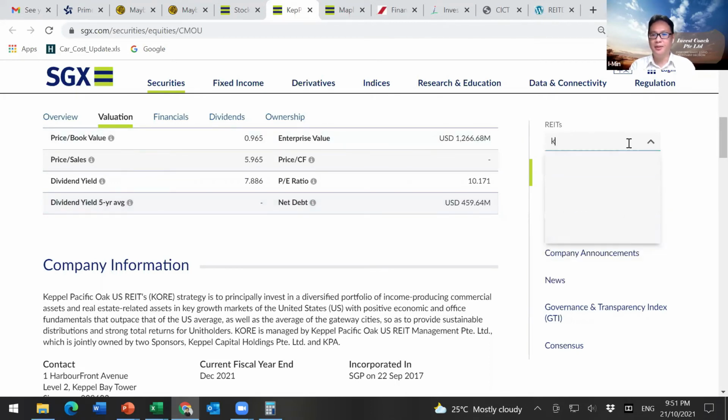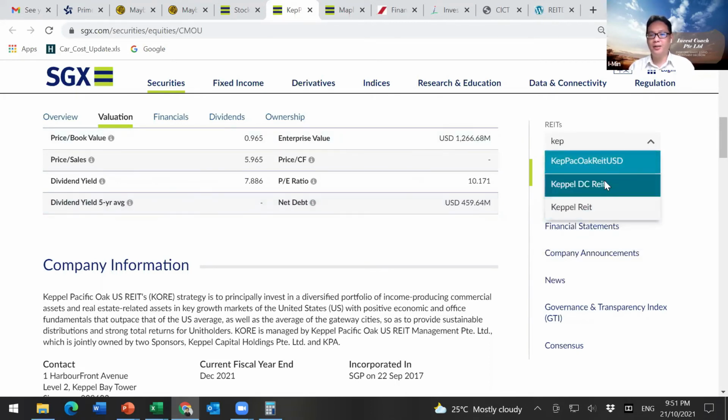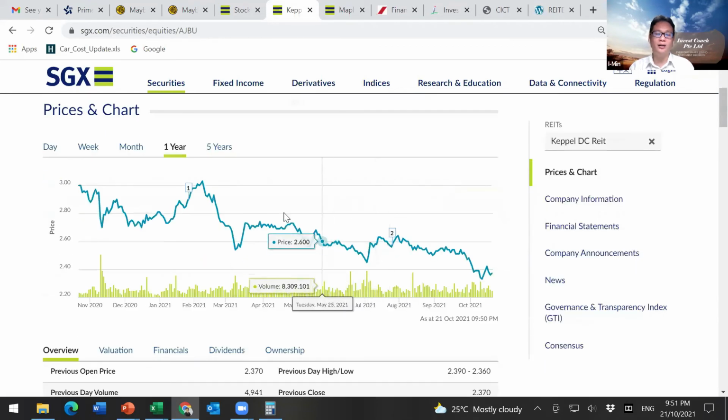For example, if you buy Keppel DC REIT, Akong, then the price drops. Assuming you buy at $3, and now the price is $2.30, drop by how many percent? Drop by 20% already. So buying Akong REITs also has its risk.